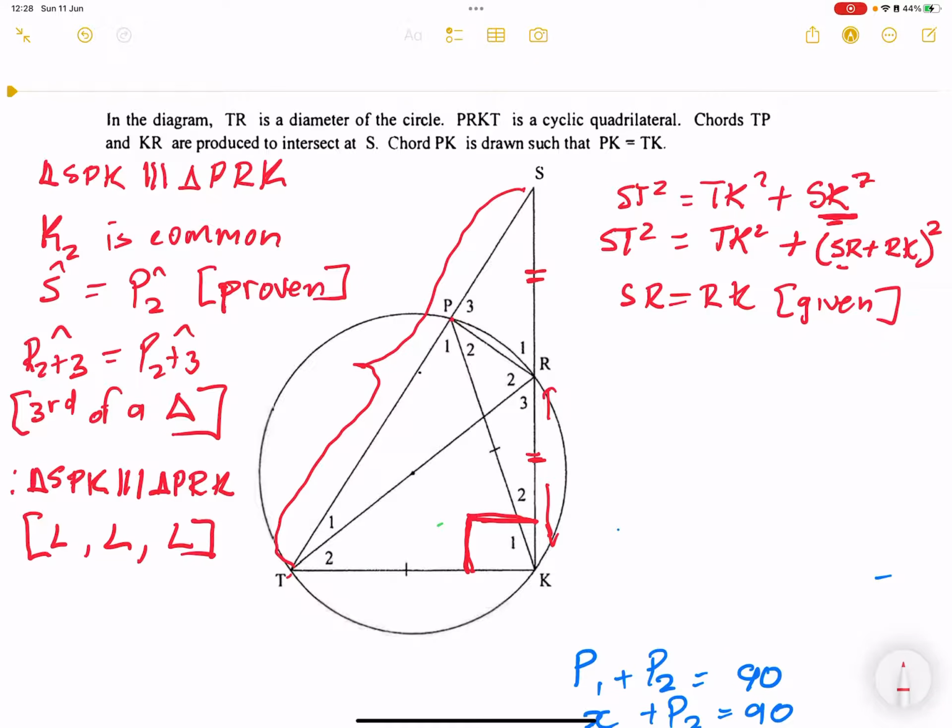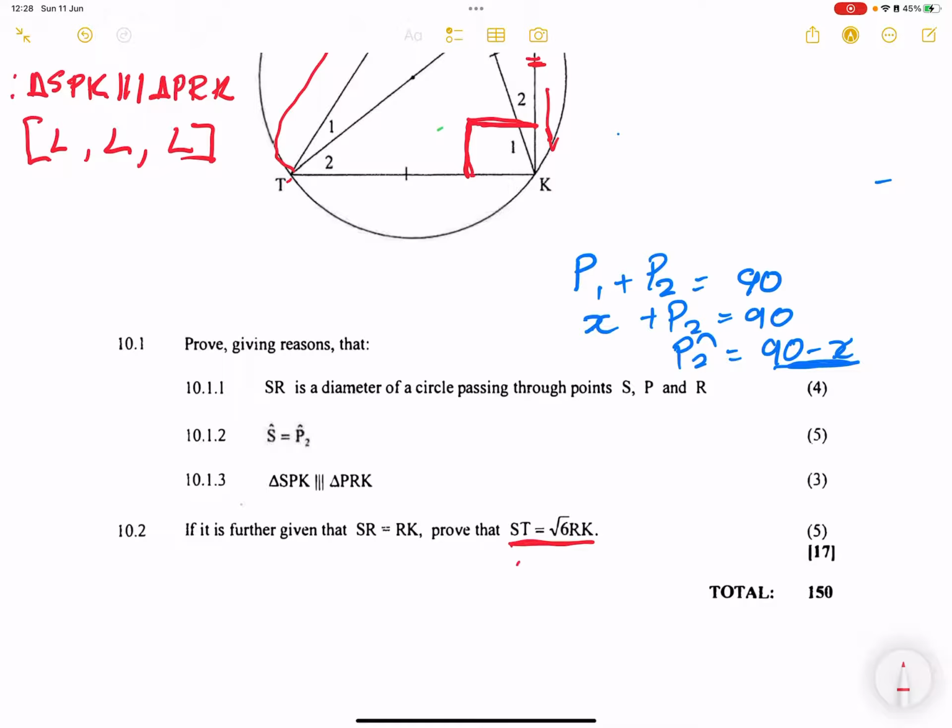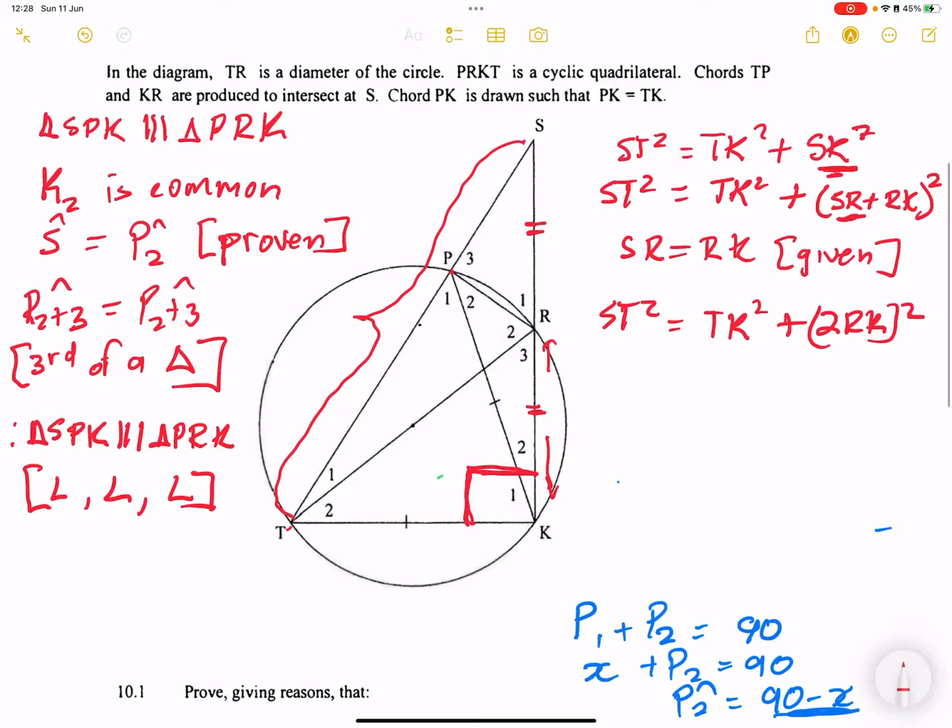So we know that ST squared would be equal to TK squared plus, now remember, we said SR is equal to RK, so we can say RK plus RK, which is 2RK, so this is plus 2RK, but remember now, this is squared. Now, this is looking a little bit hopeful because I want to have ST on the one side and RK on the other side. So now I'm going to leave this this way. Let's call it equation 1.